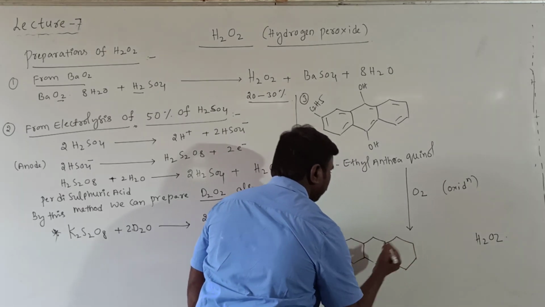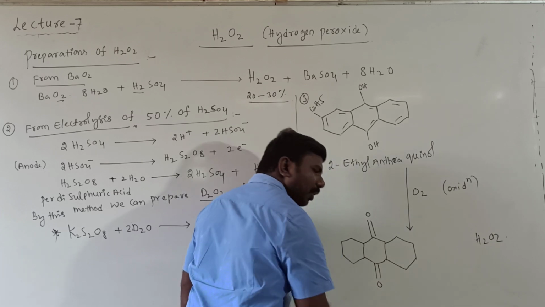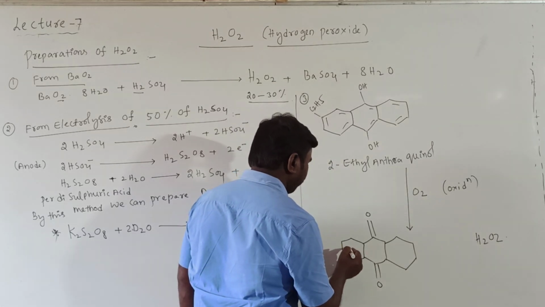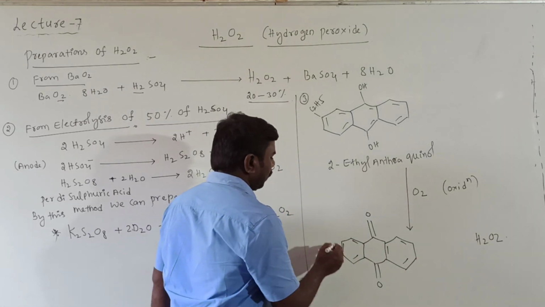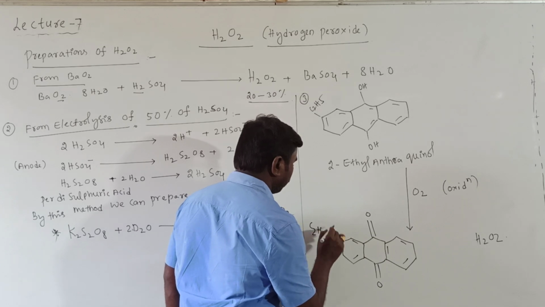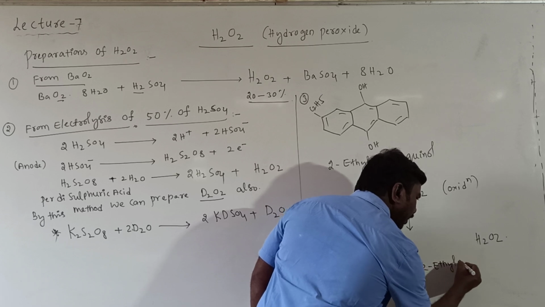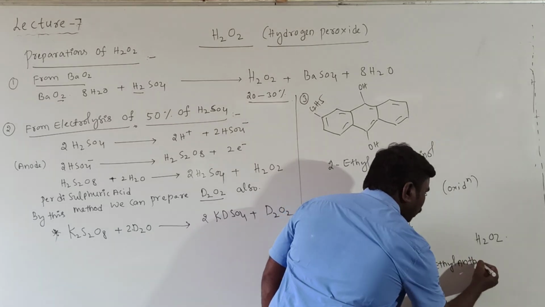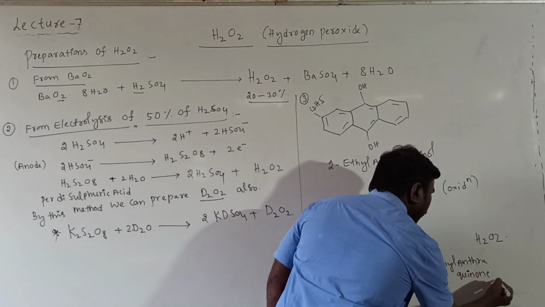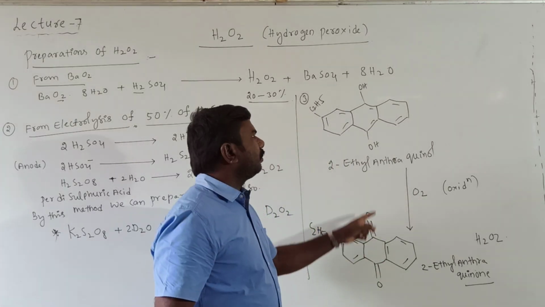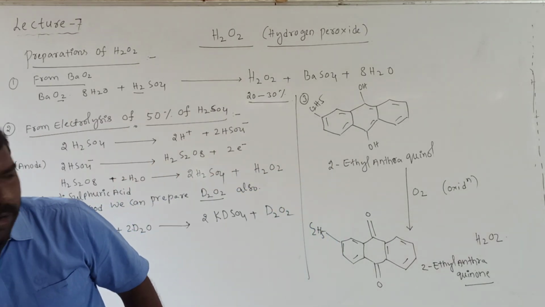It will be a double bond O, H gone, here also H gone, only O left, and the remaining will be C2H5 as it is. This is 2-ethyl anthraquinone. Along with this, the formed product is hydrogen peroxide.